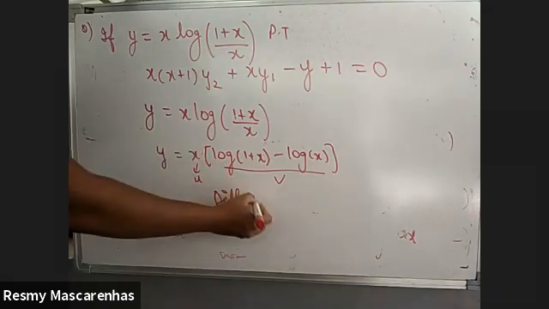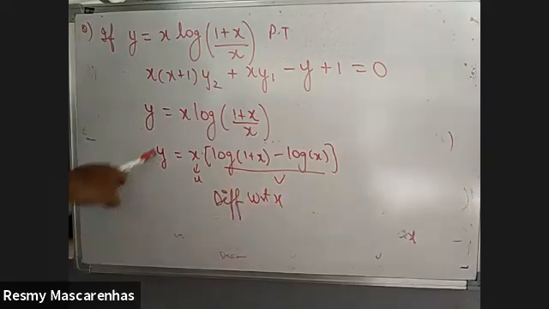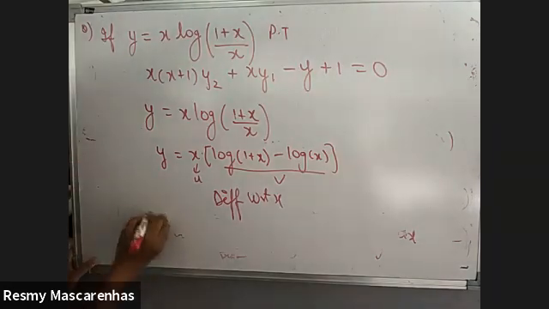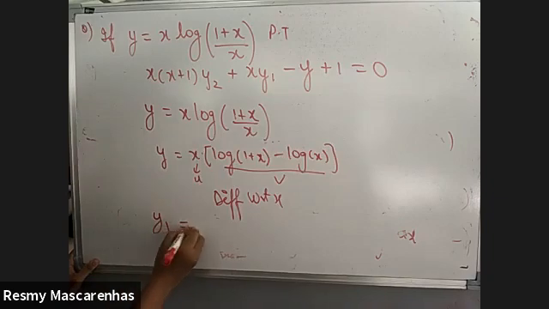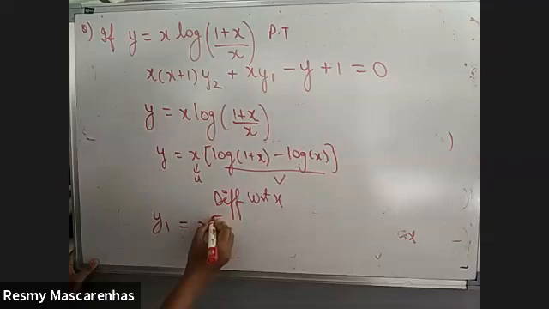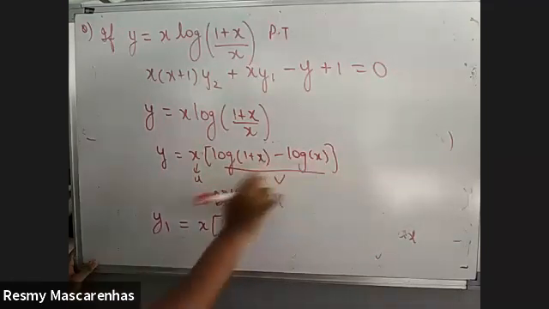With respect to x, when you differentiate, the derivative of y will become y1. Then u into derivative of v plus v into derivative of u. So derivative of this I have to take.